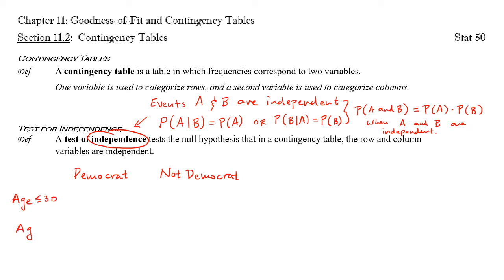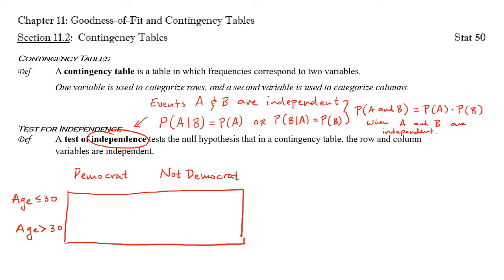So their answer, again, will either be yes or no. So either their age is under 30 or over 30. So these would be two different variables. I would be looking at one variable organized into the columns, whether or not they're a Democrat, and organized into the rows, whether or not they're over the age of 30 or under the age of 30.